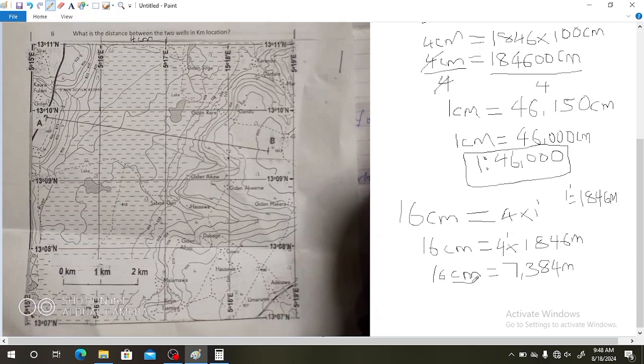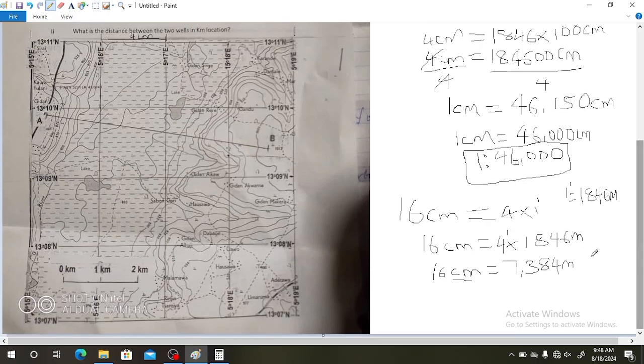Make these 2 units the same. I want to convert these meters into centimeter as I did before. 16 centimeter is equal to, I'm going to multiply this by 100.